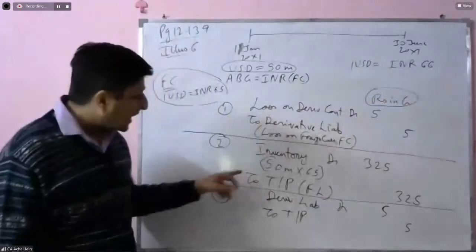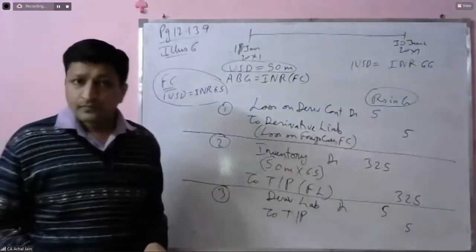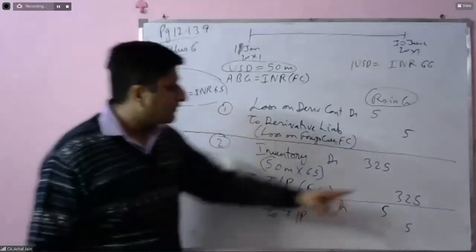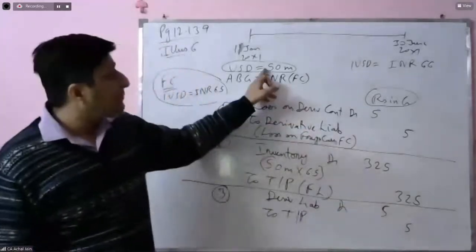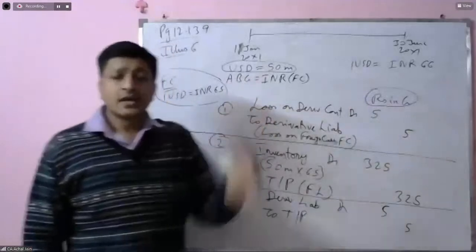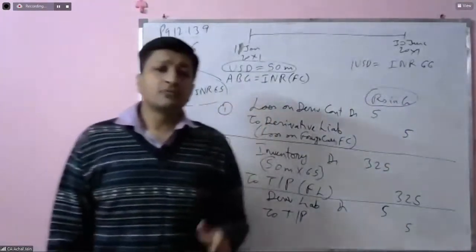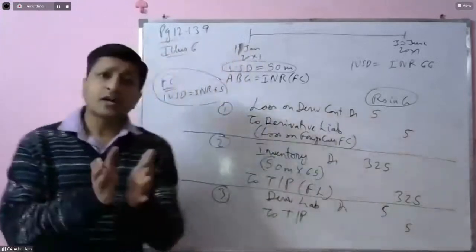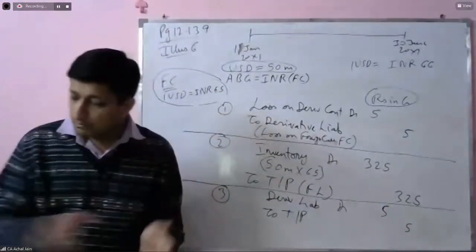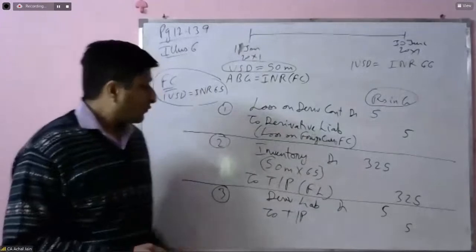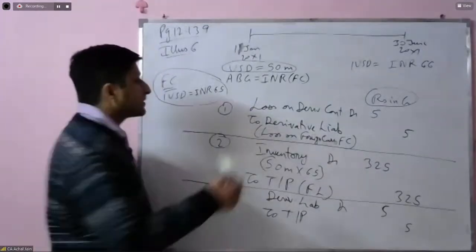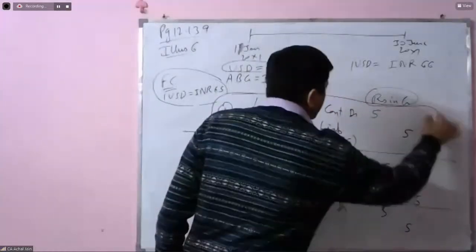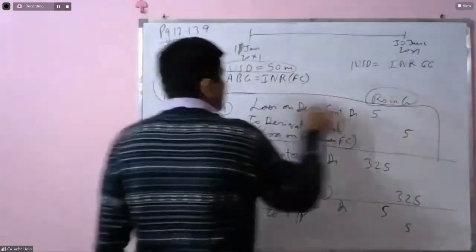Now, if you look at our accounting entries, our total liability also becomes equivalent to 330, that means 50 million into 66. So eventually we have come down to the same number. But what we have done is included this accounting entry in our scheme of things.